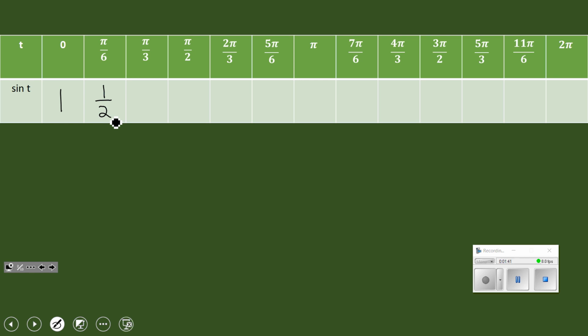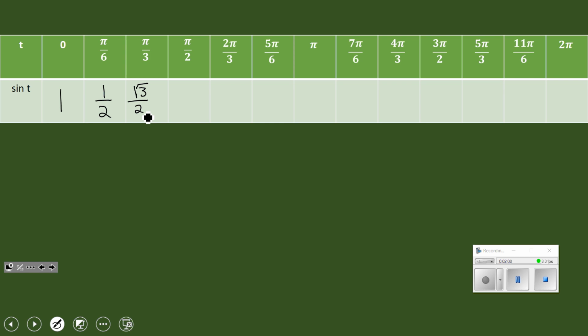It's going to be the square root of 3 over 2, but if I'm going to actually graph this, we know where 1 is on the graph, up 1, correct? We know where 1/2 is, in between 0 and 1, at 0.5. But what's the decimal of square root of 3 over 2? What's square root of 3 divided by 2?